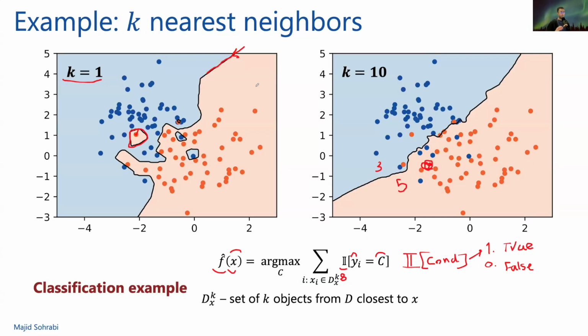But if I consider 10 nearest neighbors for this task, I will get a more reasonable separating line between two classes. Of course, it's always a trade-off between losing some accuracy, adding more error, but gaining generalization, because I'm misclassifying some of the data points. They are orange, but I'm classifying them as blue points.